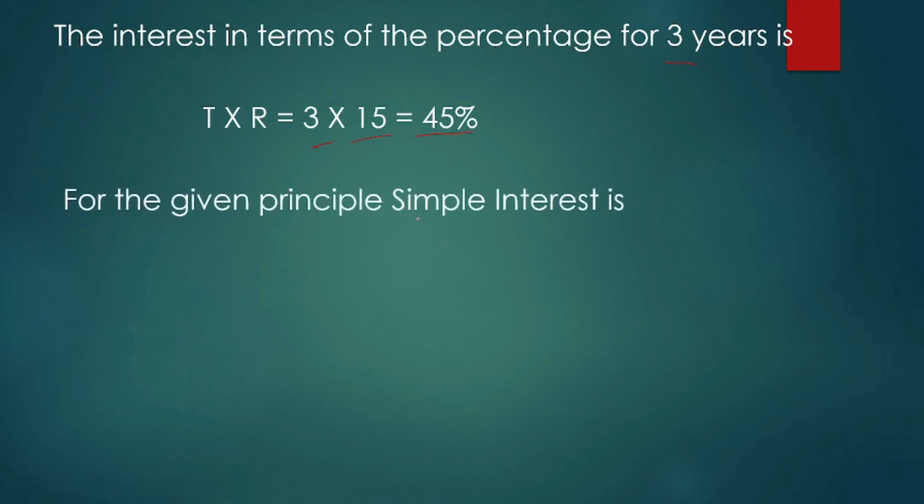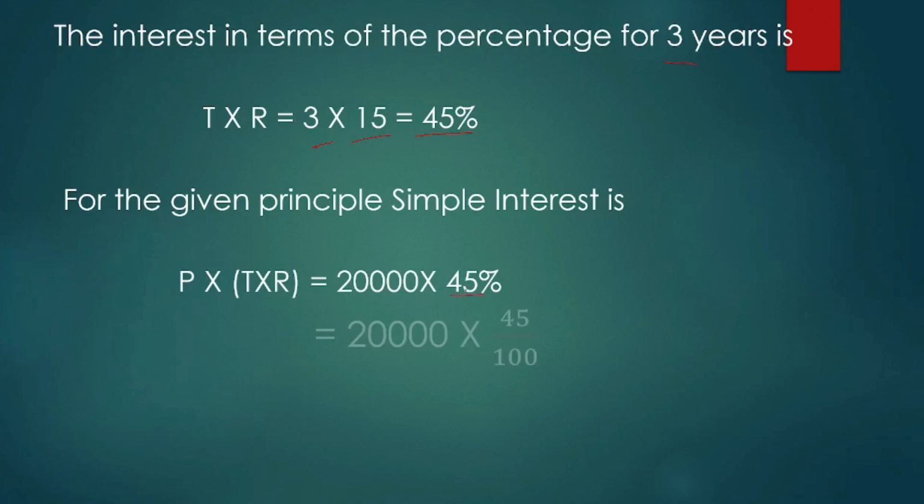The amount taken by us is 20,000, so the simple interest is 20,000 into 45%, that is 20,000 into 45 by 100. Two zeros cancel. 2 45s are 90, and two zeros remain. So the amount is 9,000.